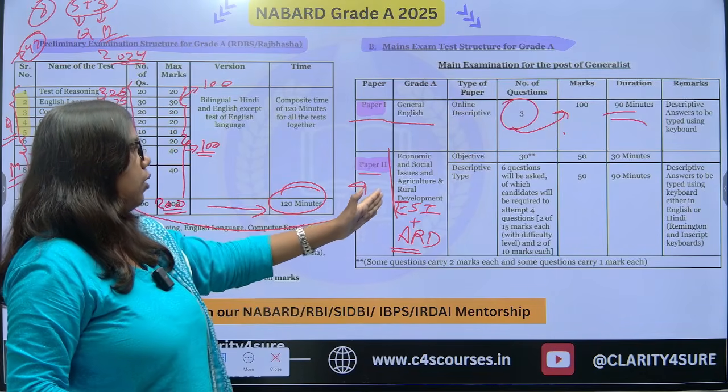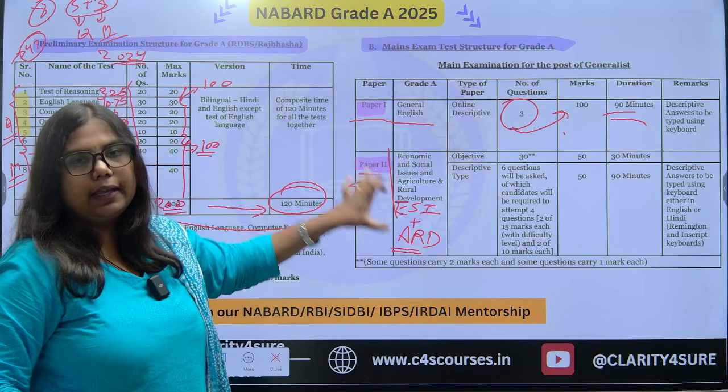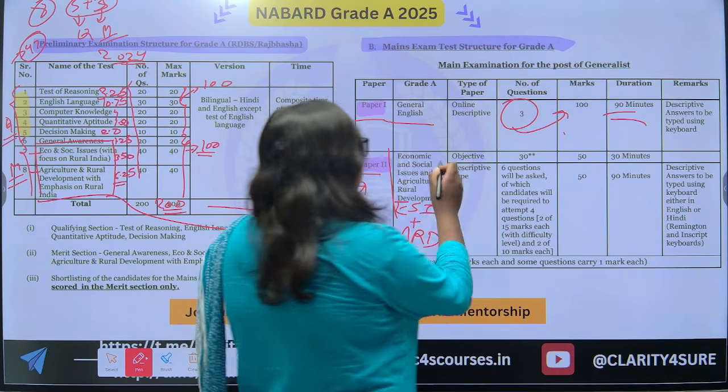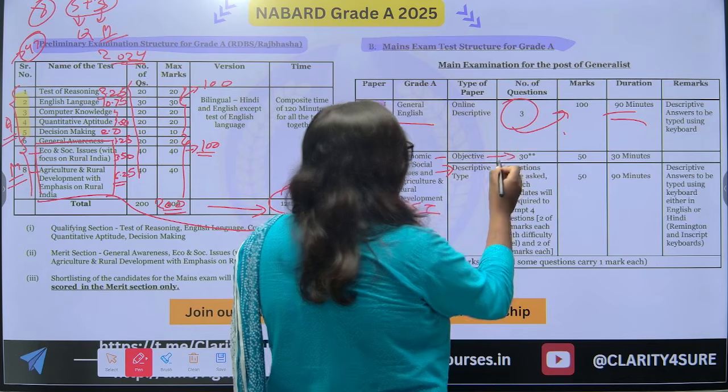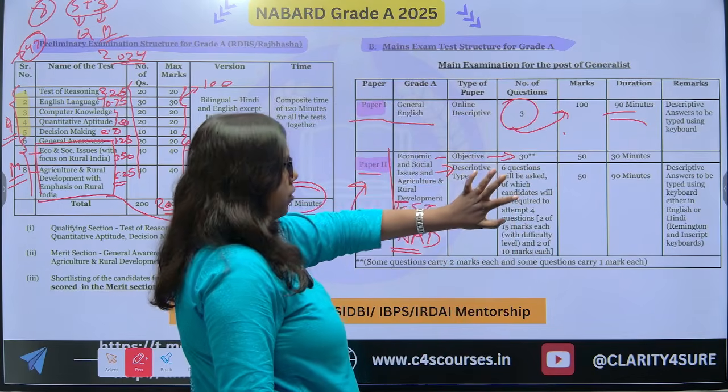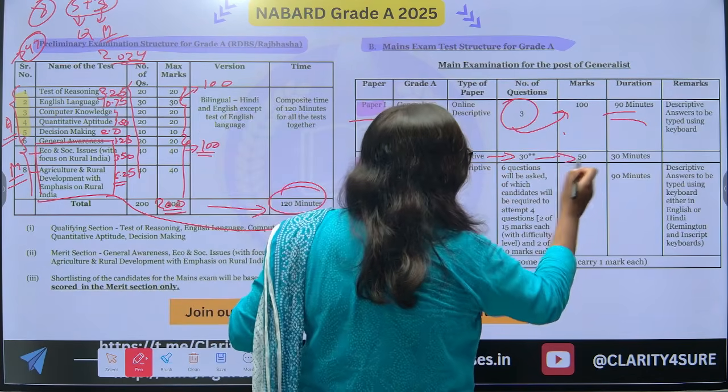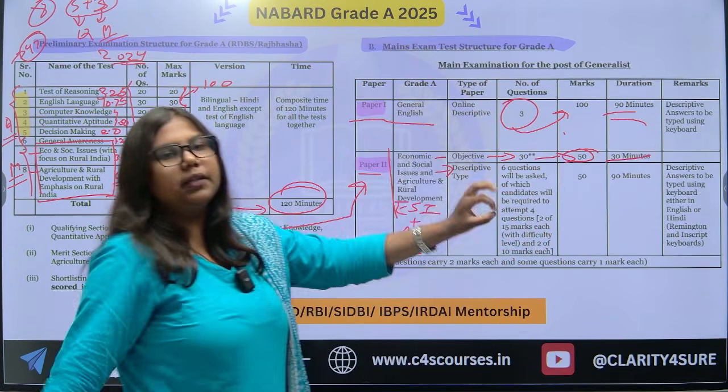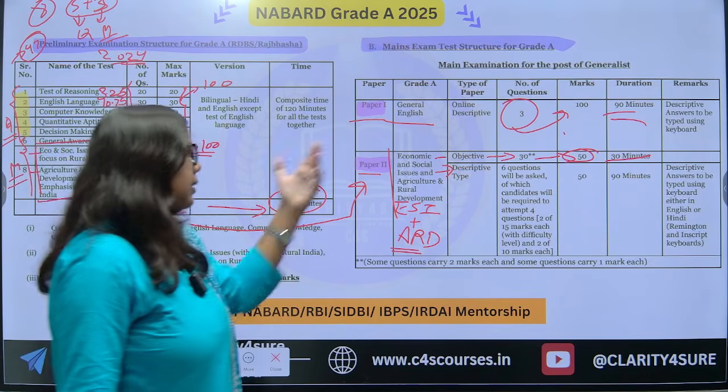Coming to paper 2 of the examination, the ESI and ARD part, they are conducted in both objective and descriptive type. In objective, 30 questions are asked from ESI and ARD of total 50 marks and 30 minutes are allotted to the candidates.